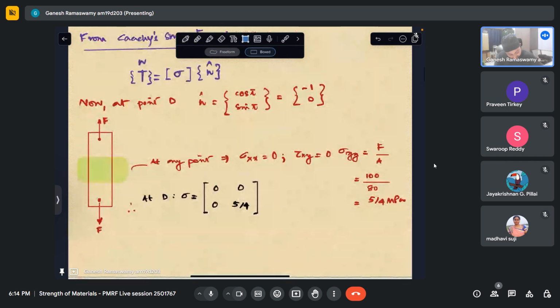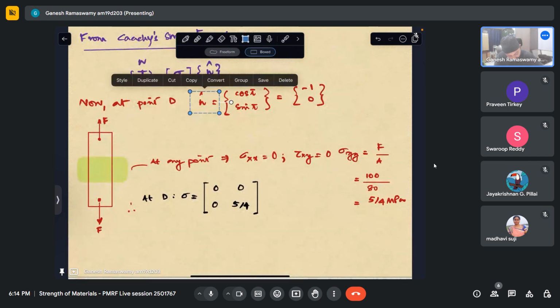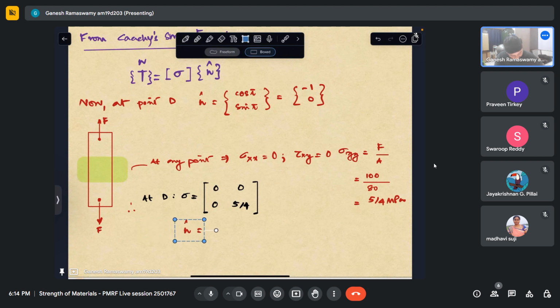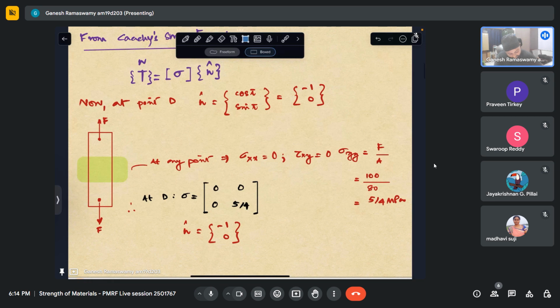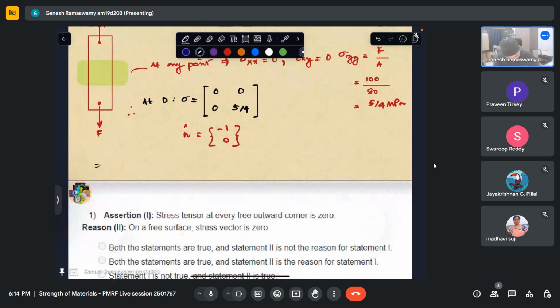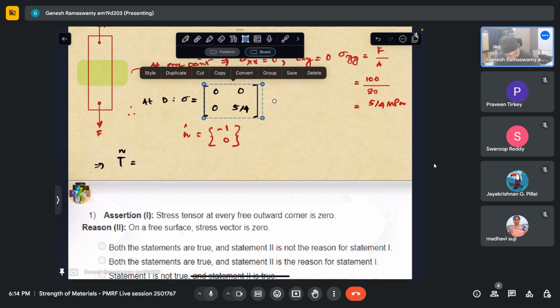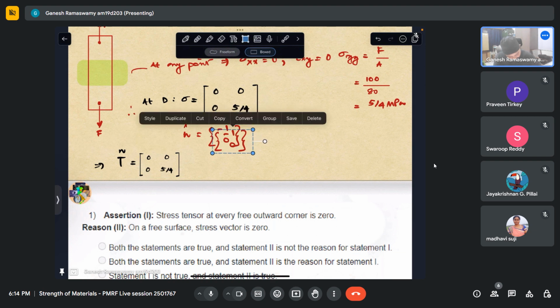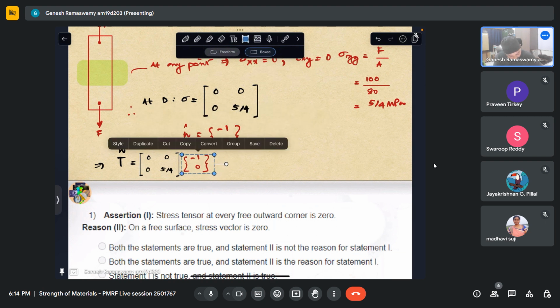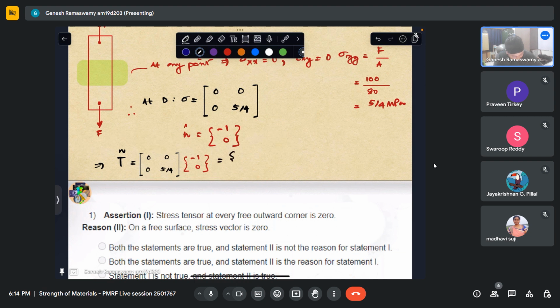And at that same point D, I have my normal given as -1, 0. So from here, what will my traction come out to be at n? It is nothing but this operated over this, which is nothing but 0.